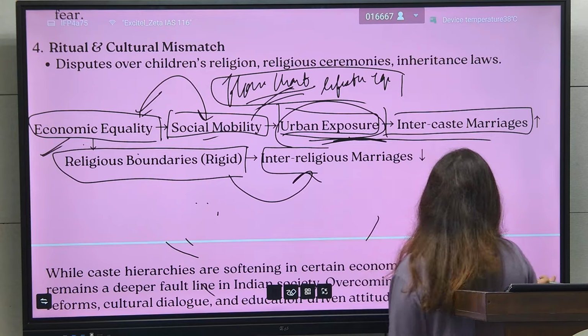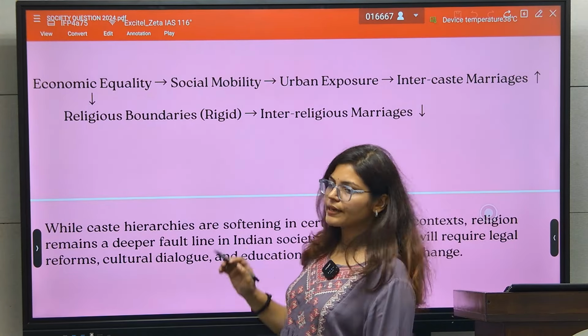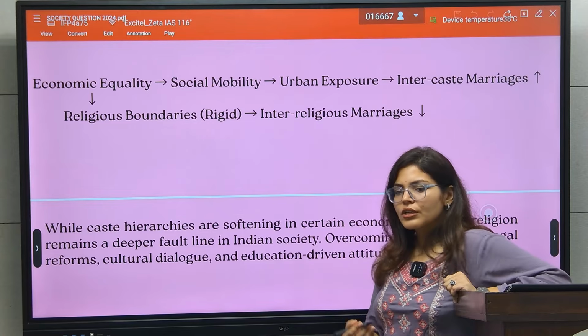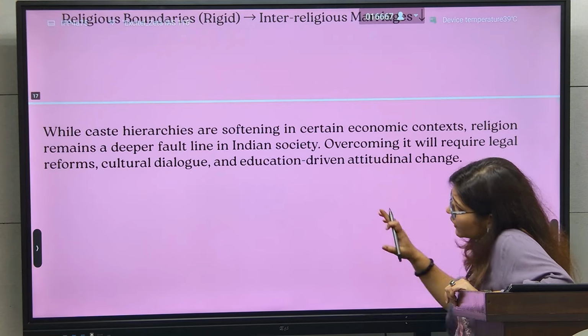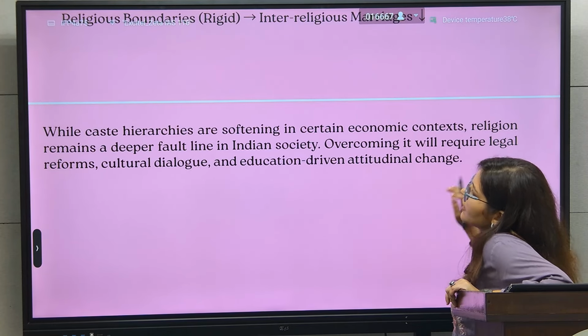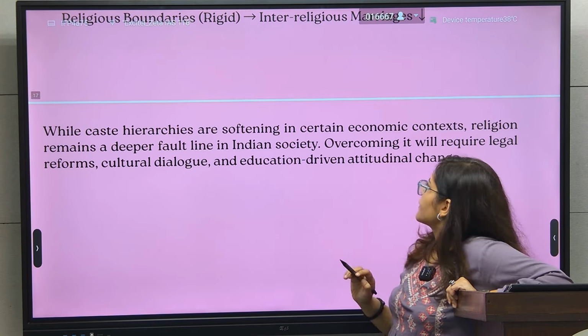Now in this type of question, how to conclude your answer? I already told you: give any solution or recommendation, or if you have a government scheme then write about the government scheme. While caste hierarchies are softening in certain economic contexts, religion remains a deeper fault line in Indian society.